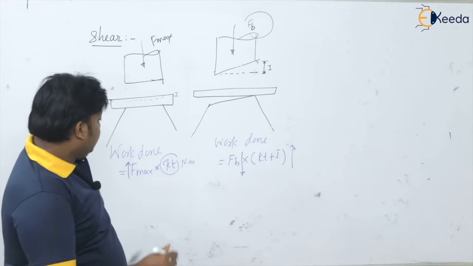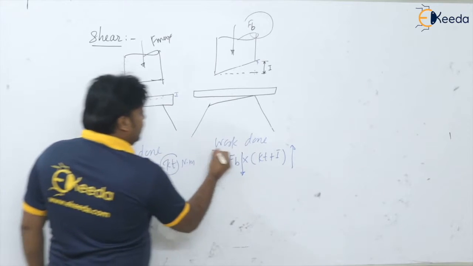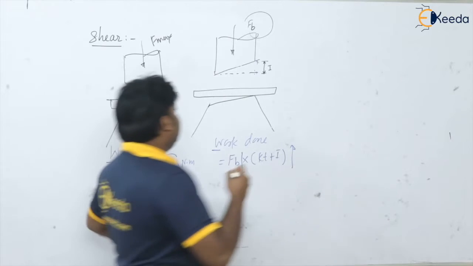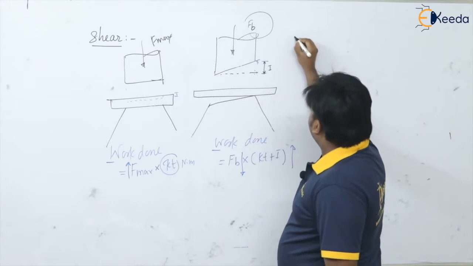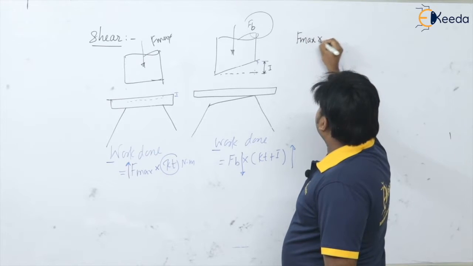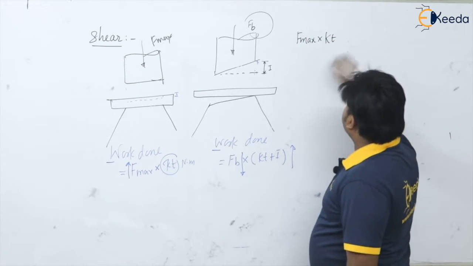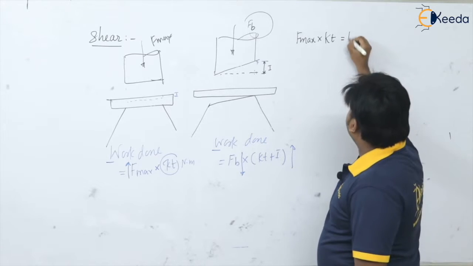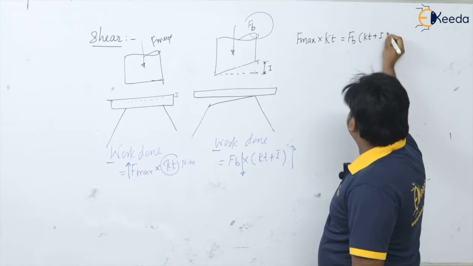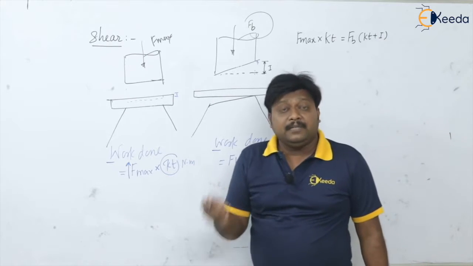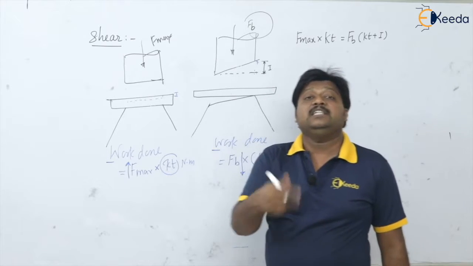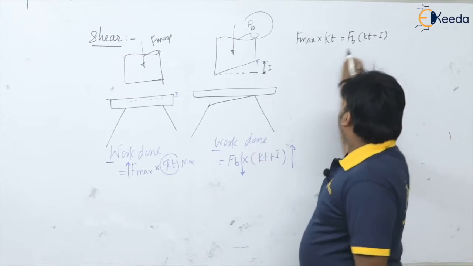Okay, now as I told you, the work done is going to be the same, so if we equate this, we get F max into KT equal to FB into KT plus I. Now if anybody asks you to calculate the force when the shear is provided, how to calculate?